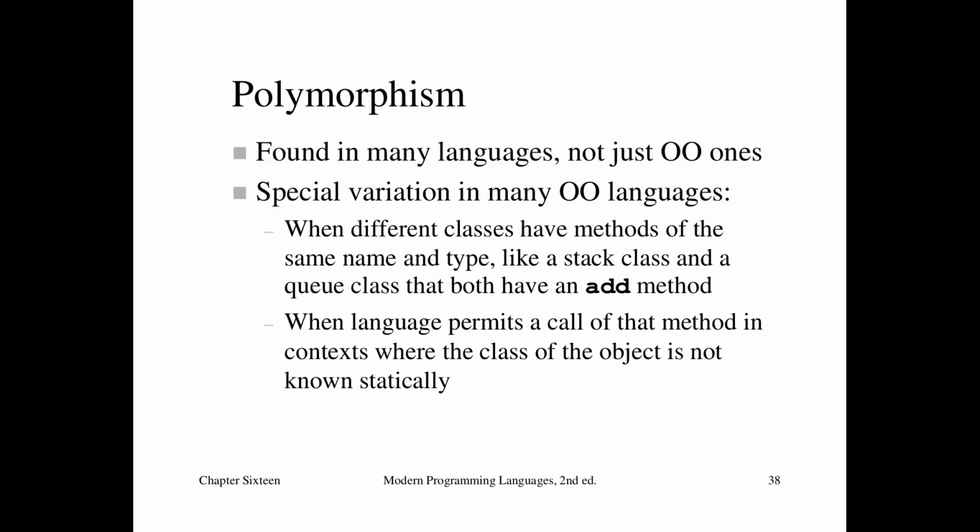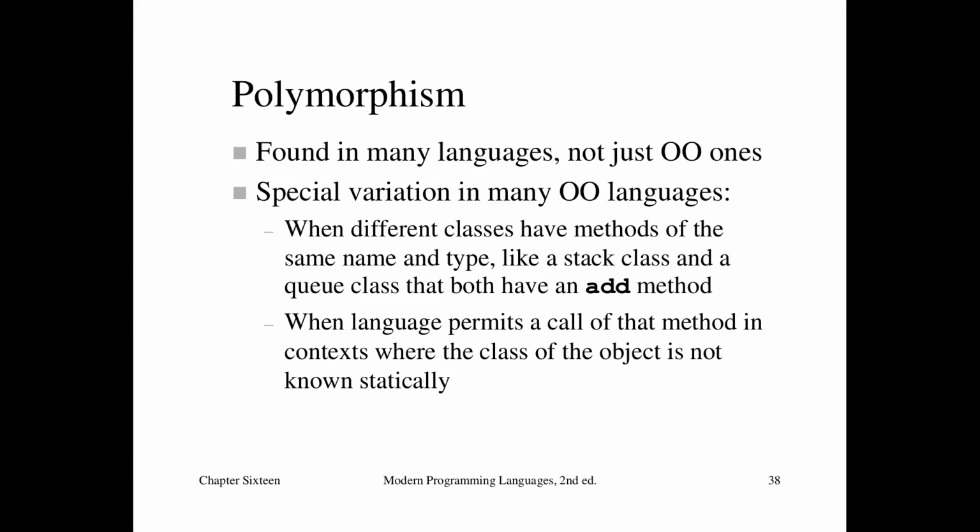Polymorphism, right? As we saw earlier when we talked about polymorphism, originally when we were talking about ML, we mentioned that you have all these different ways of doing this. But in object-oriented languages, we have a specific variation, right?